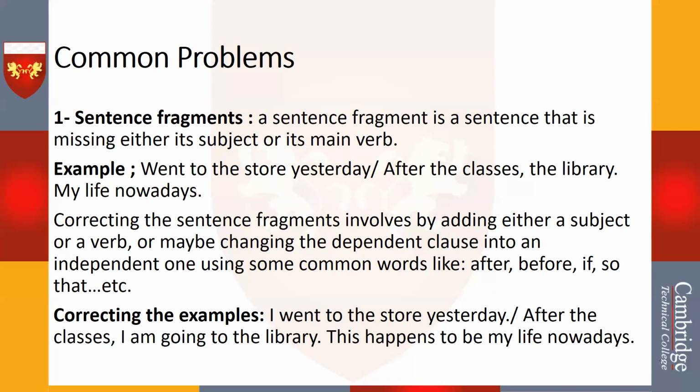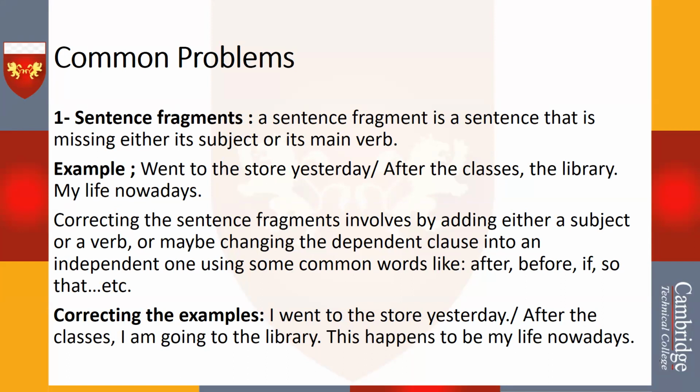Okay, so went to the store yesterday. Normally it is like I went to the store yesterday. So the second sentence, after the classes, the library, my life nowadays. Okay, it's like it misses the verb and the subject at the same time.